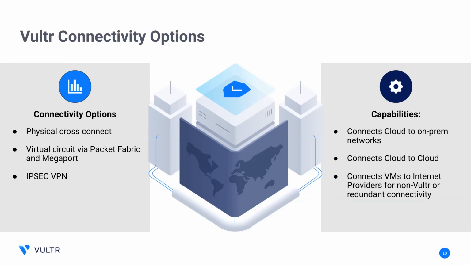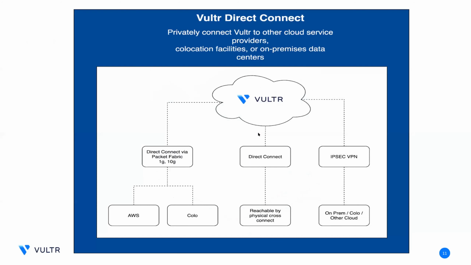You can also use it to connect VMs to non-VULTR, and I mentioned that, which would be ISPs, transit providers, and the like. So cool options there. So this is just a standard graphic here of how you would connect your VULTR cloud instances to different third parties and or other clouds. This is available on our website and everything like that.